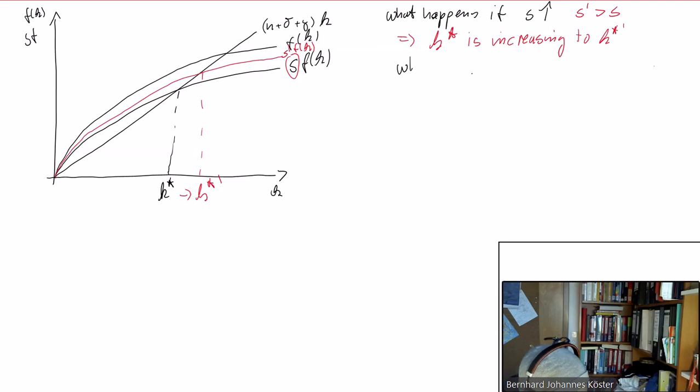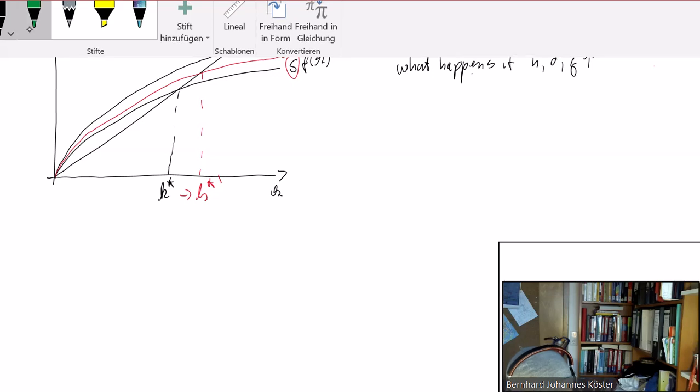And what happens if n, delta, or g are increasing? So if this number is going up, let me take this in green.